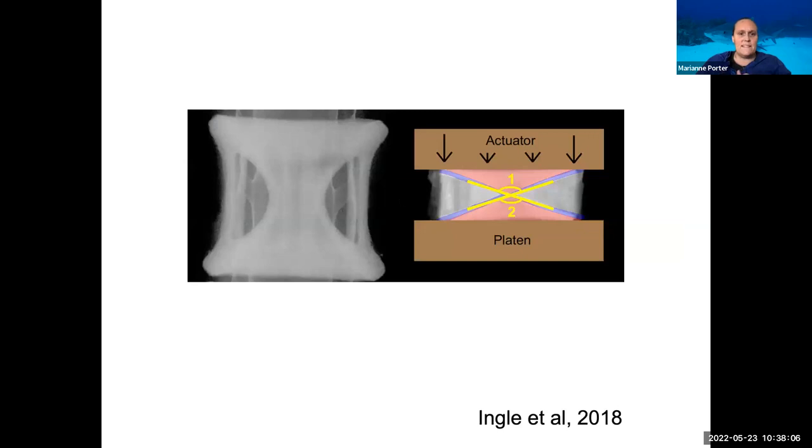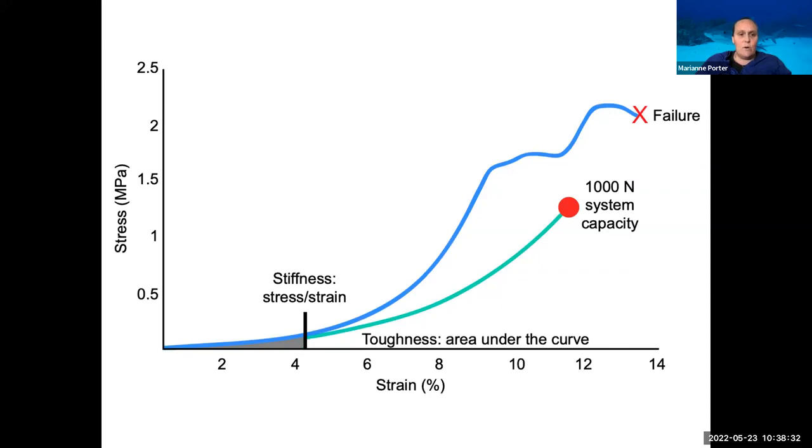And for simple quasi-static tests, we can just do mechanical testing where we put our vertebrae on the platen. We've got an actuator that's going to move down and apply some forces. And we can either break our material and test it to failure, or we can test it at strains within that elastic zone. So this is an example of when we did that.